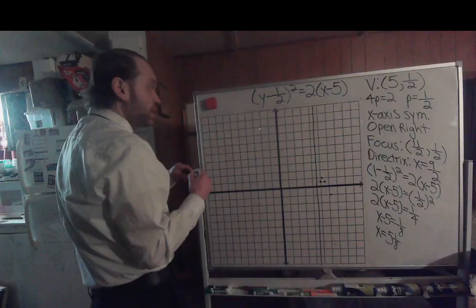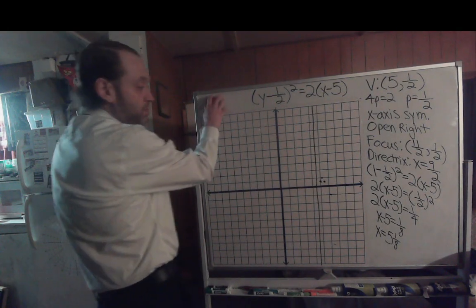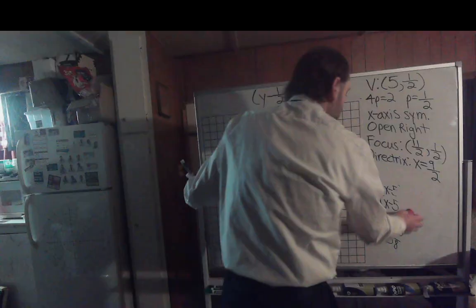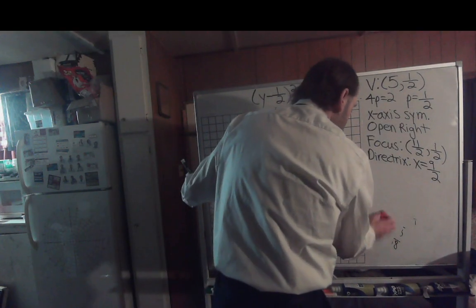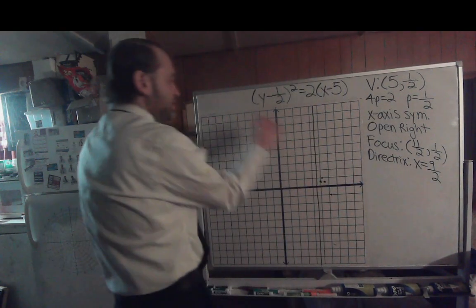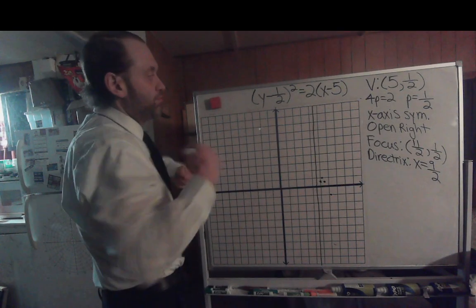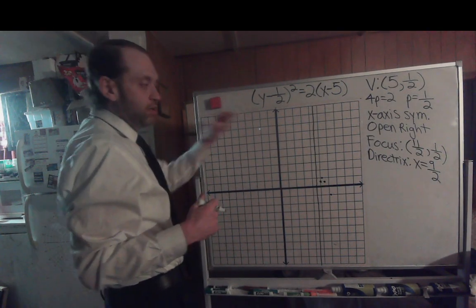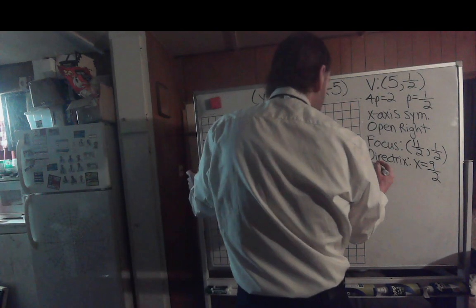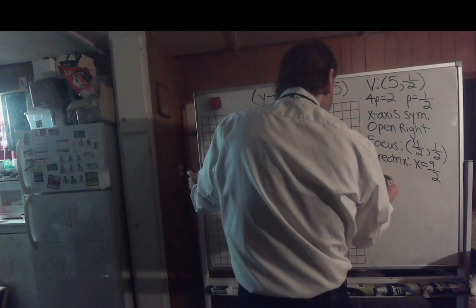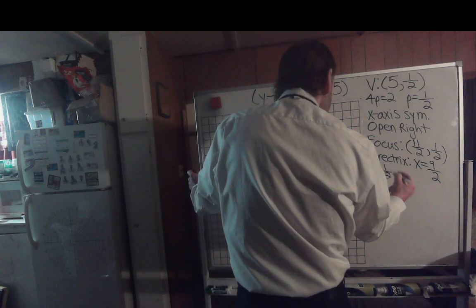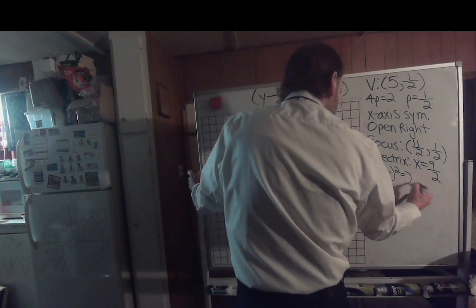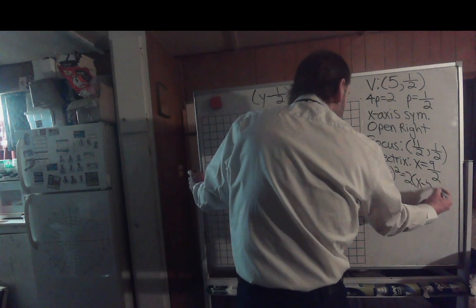And then let's pick y equals 2. We'll do one more coordinate. So again, do 2 coordinates above the vertex and 2 below whenever you have it tilted to the right or left. You know, do 2 y-values above and below is what I would do. So let's pick (2 minus 1/2) squared equals 2 times the quantity of x minus 5.